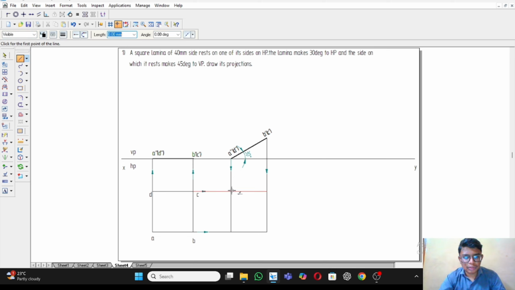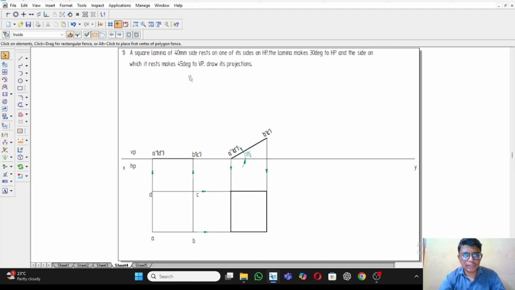For the second projection, we have to make the normal line to the visible line. And we have done with this part.